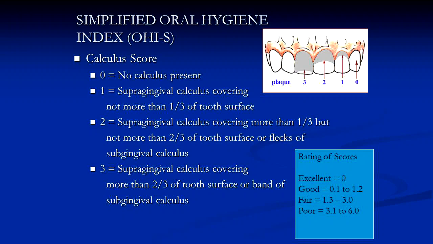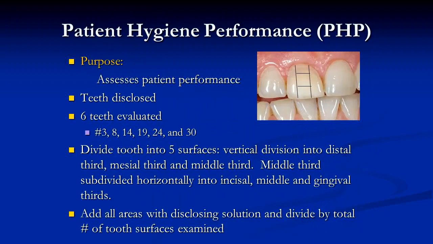So that's how you would score the community on the OHIS. Again, if you know the ranges and you know the rule of thumb that a low score means good oral health and a bad score means poor oral health, you'll be okay. So that's the OHIS, and that's how it's used in the community.